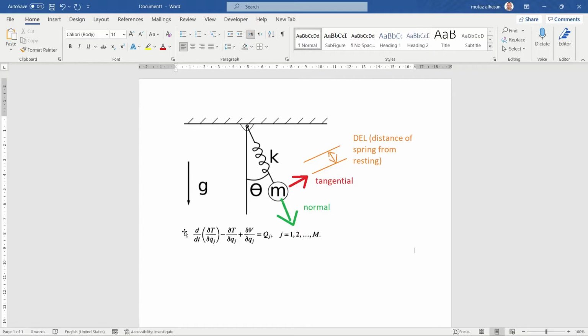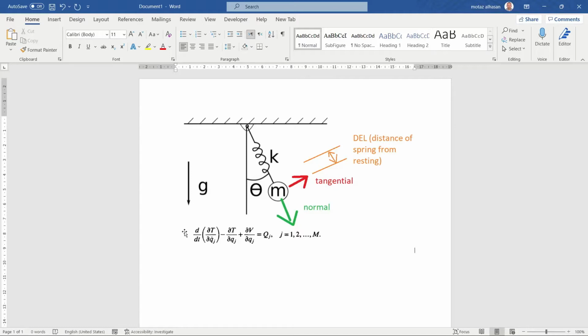The capital T and the capital V are the kinetic and potential energy respectively. In this case, the kinetic energy is made up of how fast the pendulum is moving tangentially and how fast it's moving normally.